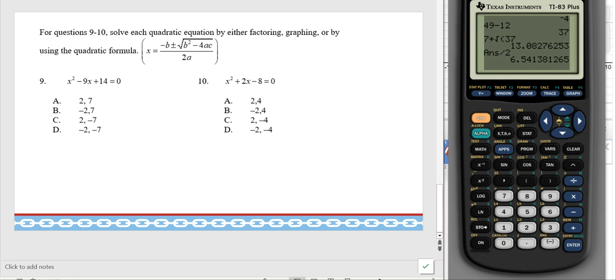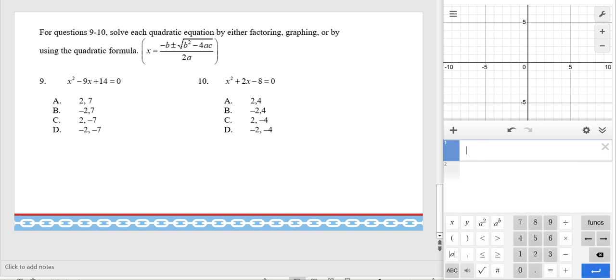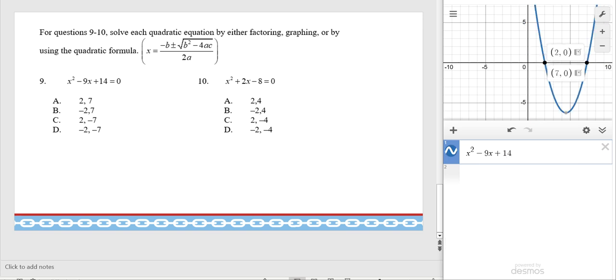Then the last two, it asks you to solve these by factoring, graphing, or using quadratic formula. And I would go back then to graphing because it's just easiest. So x squared minus 9x plus 14, 2 and 7.